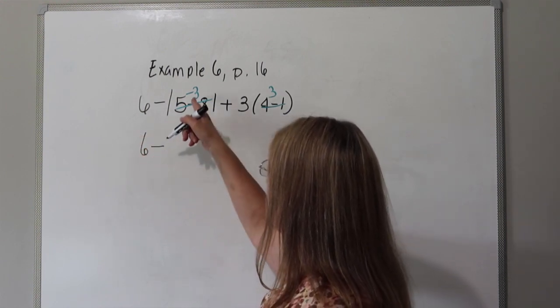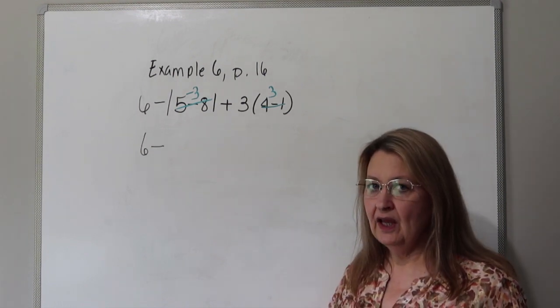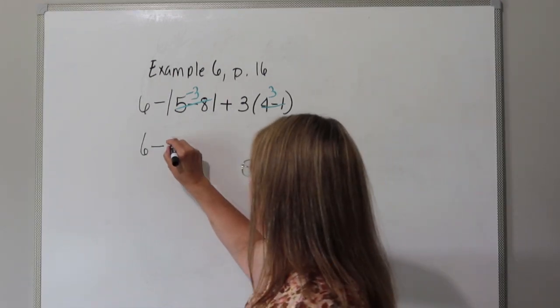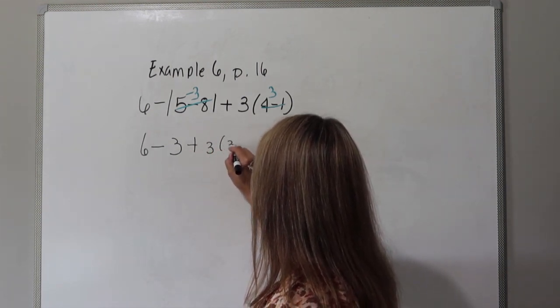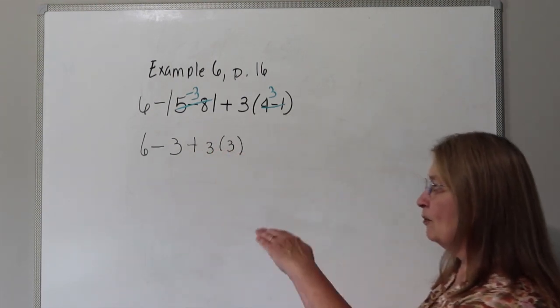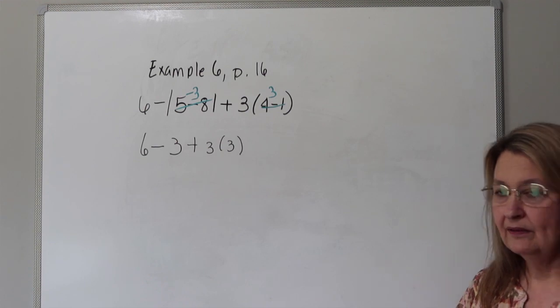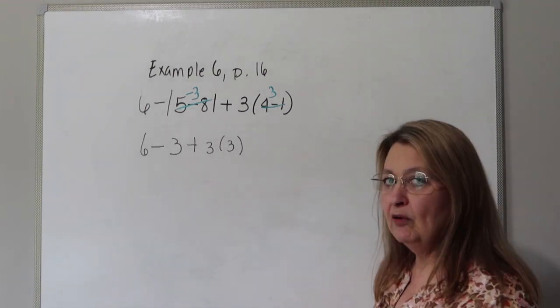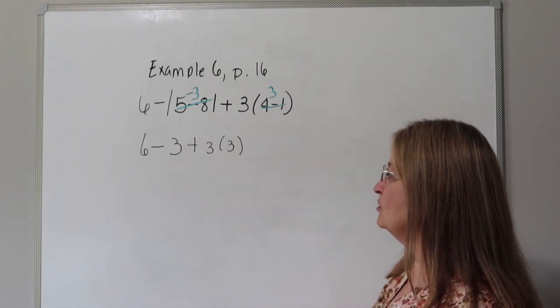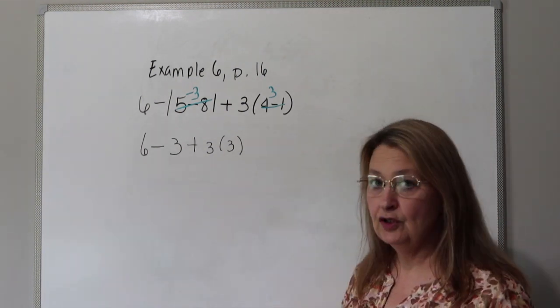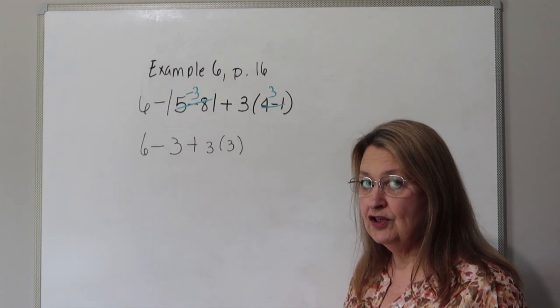Now let me come under here and clean this up a little bit. 6 minus, what is the absolute value of negative 3? Positive 3 plus 3 times 3. So this is what our problem looks like at this point. Alright, still following PEMDAS. I've done grouping symbols. There are no exponents, so I'm ready to move to multiplication or division.